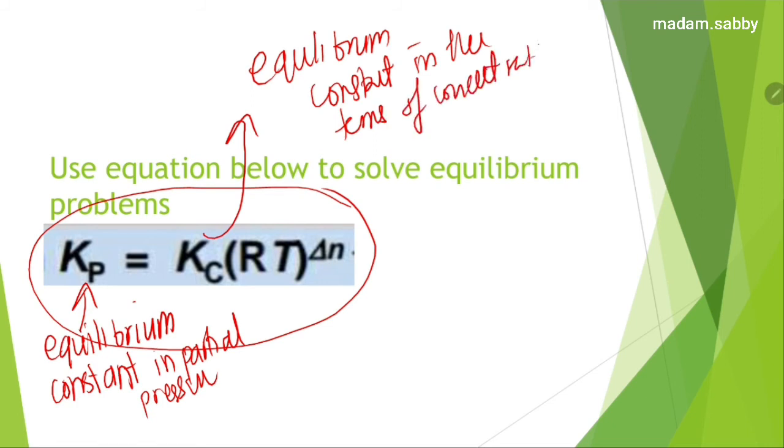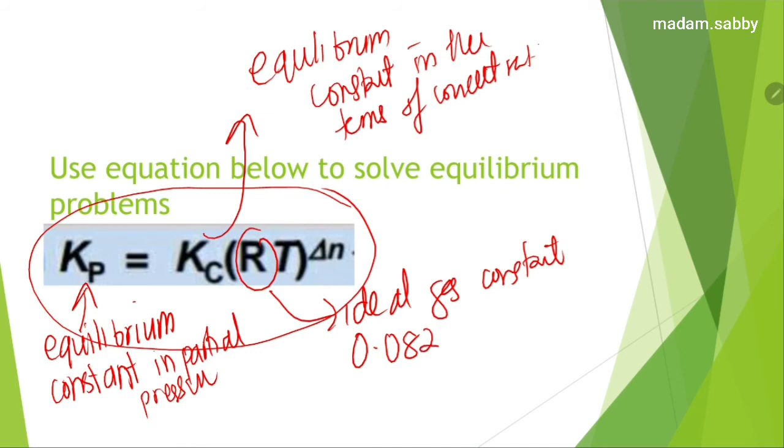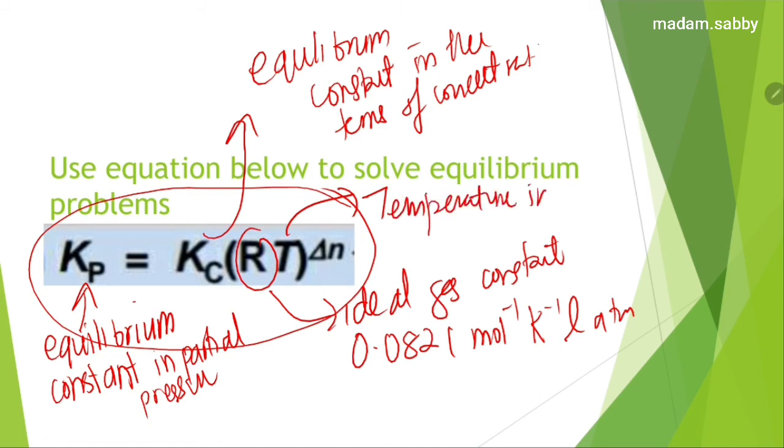R is the ideal gas constant, or simply the gas constant. The value of R is 0.0821 L·atm per mole per Kelvin. T is the temperature in Kelvin, and delta n is the difference in moles of gas.